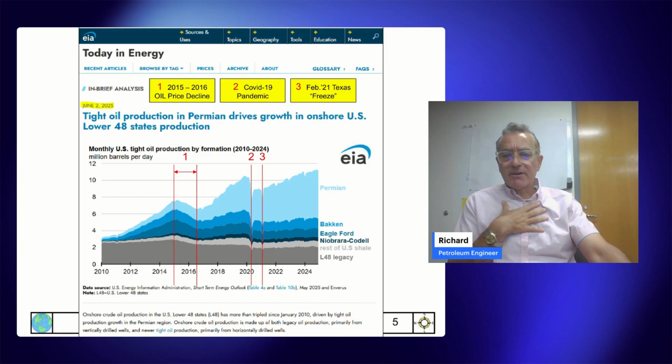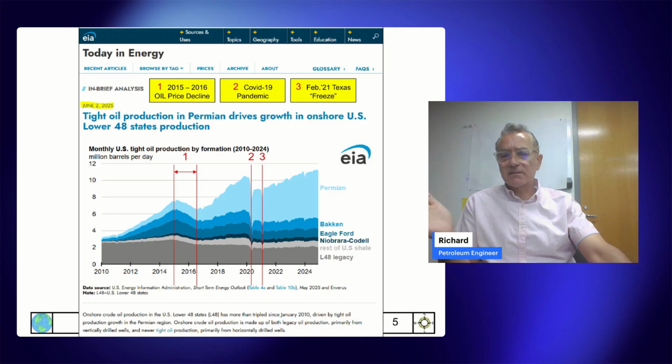And you can see on the right-hand scale on the chart, it has a color for the Permian, which is in light blue. There's the Bakken, the Eagle Ford, the Niobrara, Codell, the rest of the United States shale basins, and then the legacy lower 48 production. And this particular slide is only looking at crude oil production. It's not looking at the total liquids yield, just strictly the crude oil.